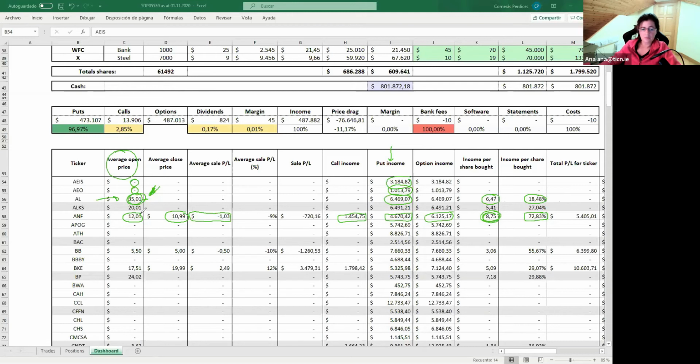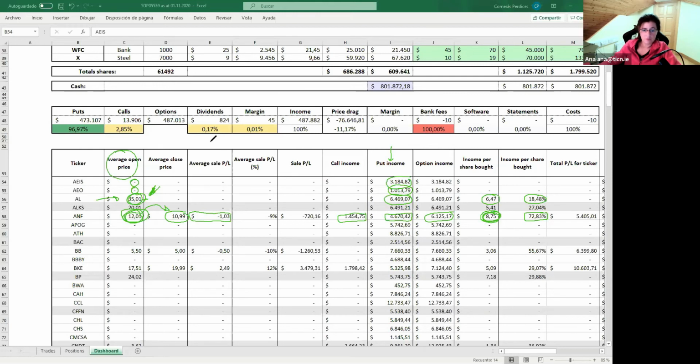72.8%, even though we bought them at 12 and sold them at 11, because we collected call income and put income. We're still in profit, and we got 72.83% of the average open price back. Okay, because we got 8.75.